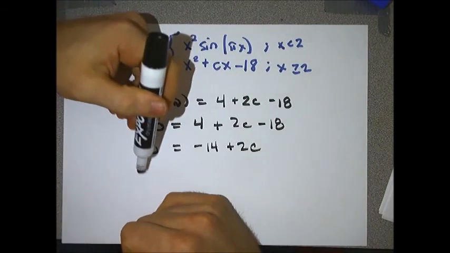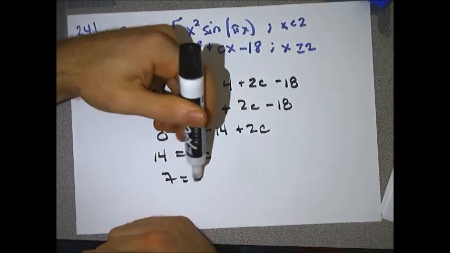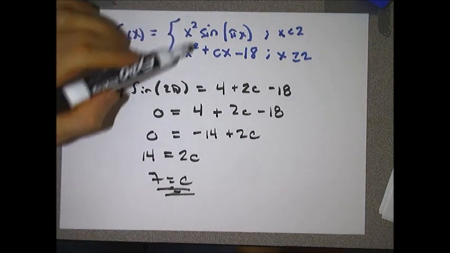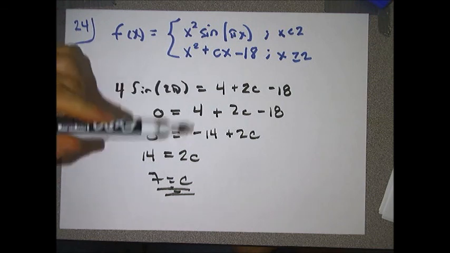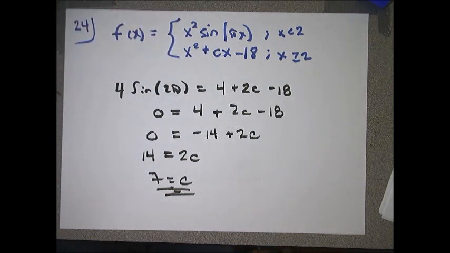Add the 14 over. 14 is equal to 2c. c is equal to 7. Does that answer make sense? If I was to plug that back in, we just proved by setting them equal that it would make this one equal to that one, which is what you would need for continuity.